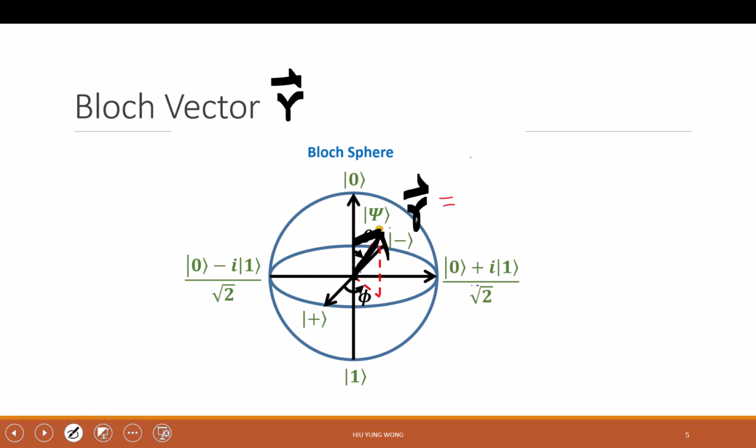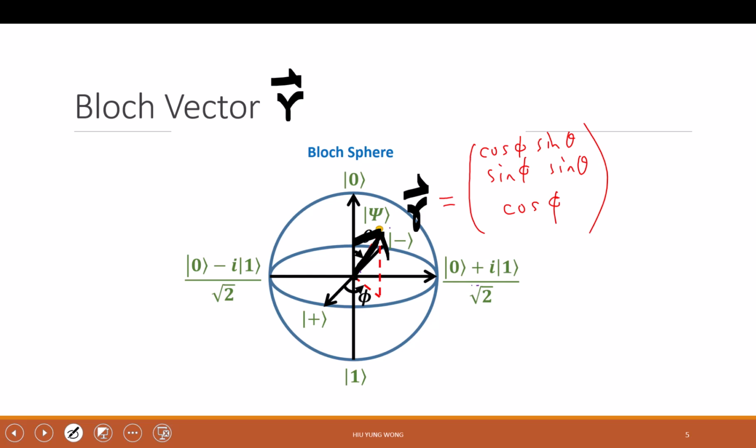What is this vector? Its x component is sine theta cosine phi, its y component is sine theta sine phi, and its z component is cosine theta.